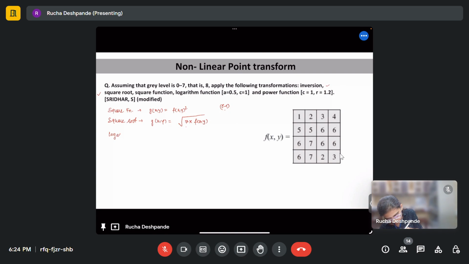For the logarithmic function, yeah, these are all the nonlinear transform functions.